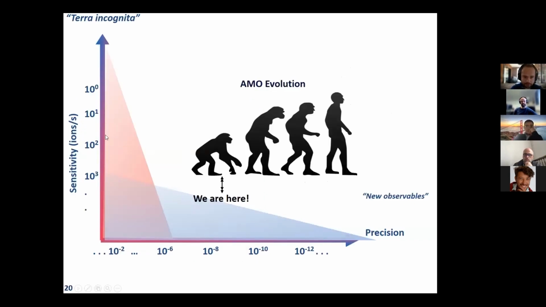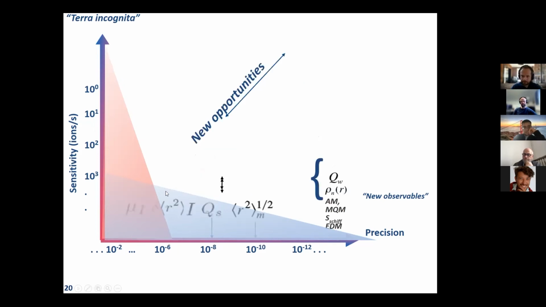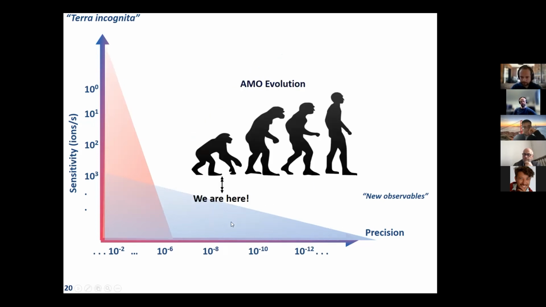So I like to think, as an experimentalist, in these two axes, right? Sensitivity and precision, right? Many of the developments that we have done have been in sensitivity. We didn't care much about the precision, so we are far away in the AMO evolution of techniques.